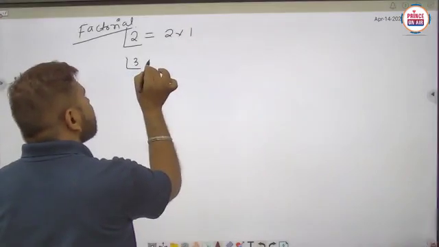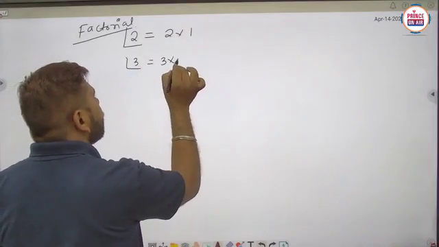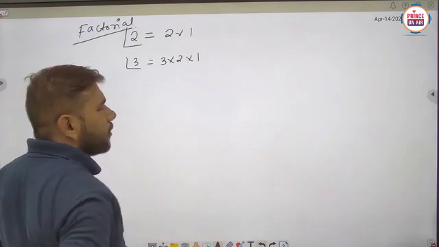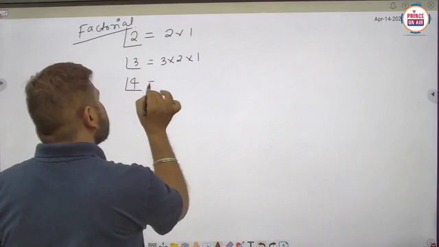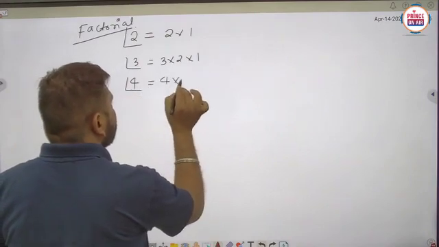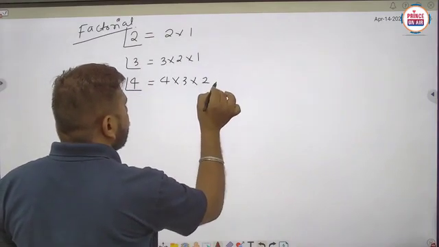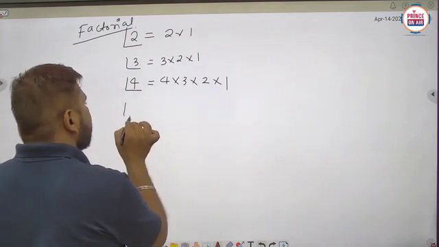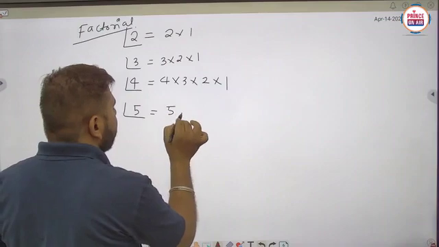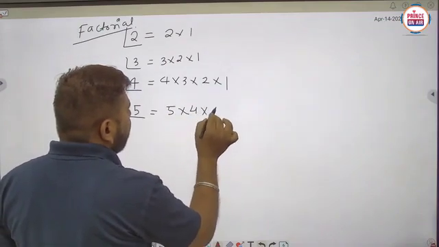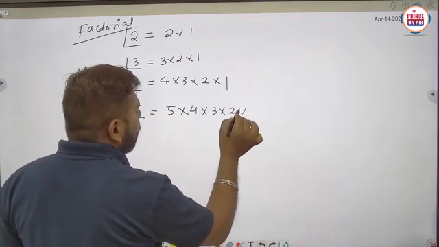Factorial 3 is equals to 3 into 2 into 1. Okay beta. Now factorial 4 is equals to 4, 3, 2, 1. If I want to find out the value of factorial 5, then 5, 4, 3, 2, 1.